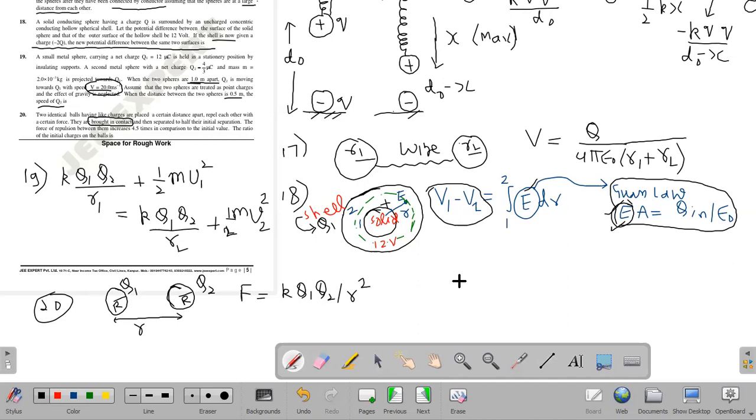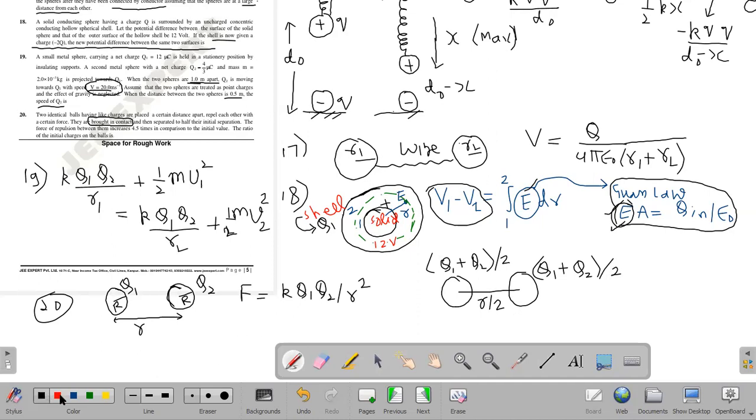So after they are brought in contact and then separated to half distance, which is small r by 2, the charge on each one will be now total charge q1 plus q2 divided by 2. Since the spheres are identical, the charge distribution will also be identical.